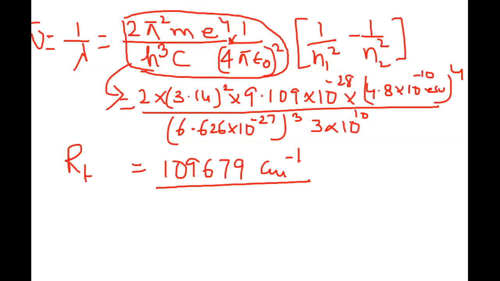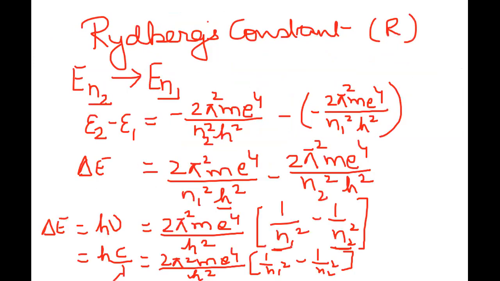Why for the hydrogen atom? Because we have not used the value of Z. If you go right to the beginning, you will find that if the atomic number was greater than 1, that is, if it was not a hydrogen atom, then a Z square would have occurred in the formula. For multi-electron atoms, Z square and the permittivity in free space are also included in the calculations.